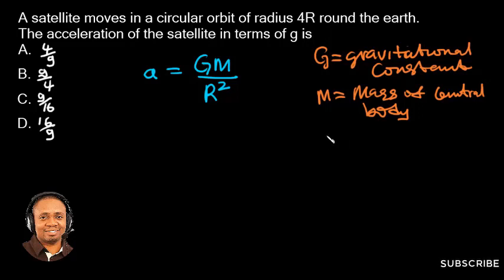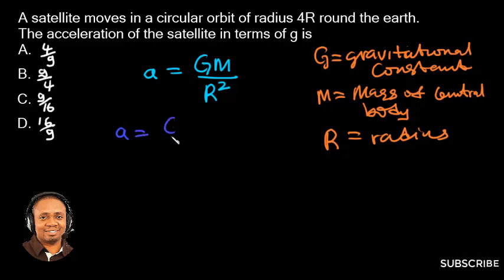Then the r is the radius of orbit for the satellite. So we were given in the question that the radius is 4r, so let us input that.